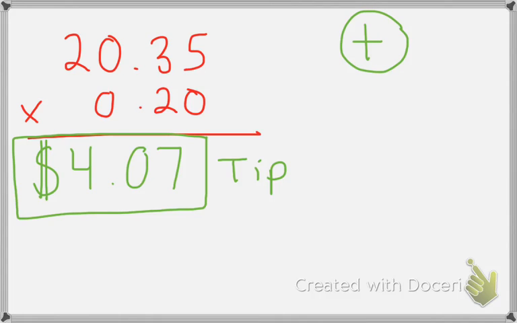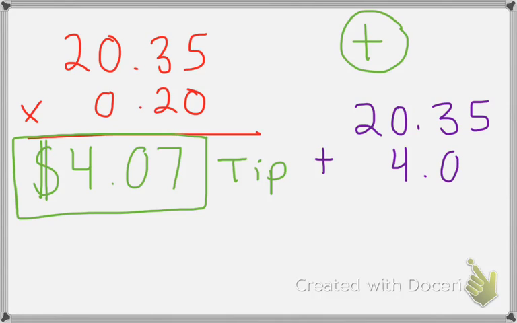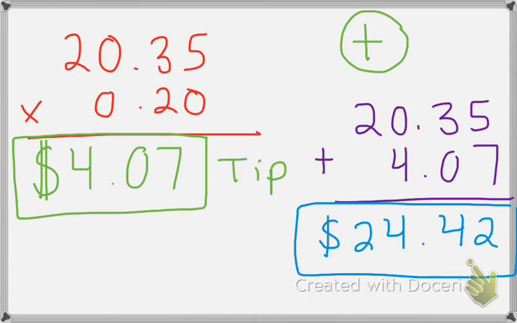So we're going to be adding 20.35, the total of our check or our bill, plus the tip that we're going to leave, which is $4.07. So when we add the two, 20.35 plus 4.07, we get 24.42. So in total, we are paying $24.42.